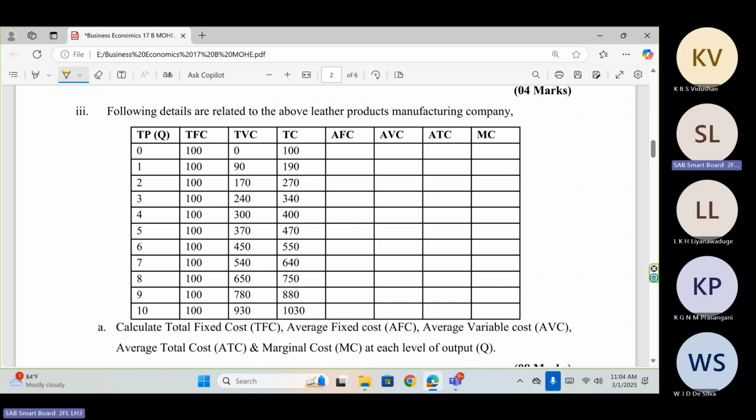That will be a little bit different, and it will be helpful for you. In production side, AP, TP, total production, average production, marginal production, what do you divide by? By L, the changing variable input. When calculating cost, you divide by Q. That's the difference. This is the input factor, that is the cost factor.